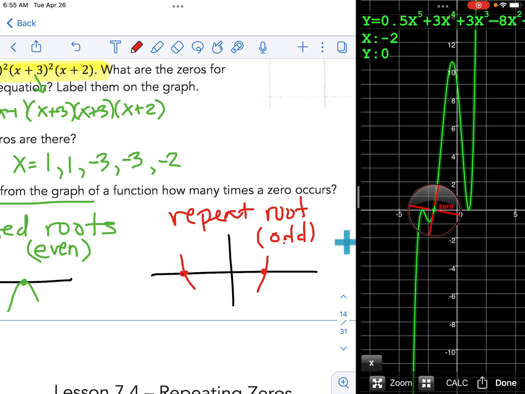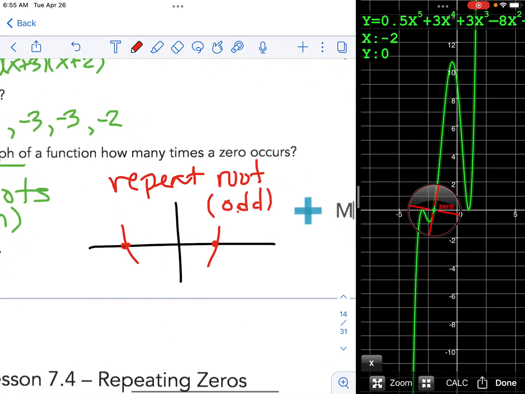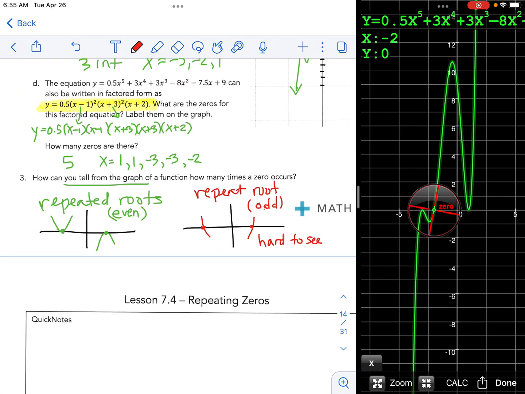It doesn't bounce, it goes through, just like a regular root. A single root is just repeated once, right? So that's an odd number. So these are harder to see. That's why we focus on the repeated roots being even, because they're easier to see.